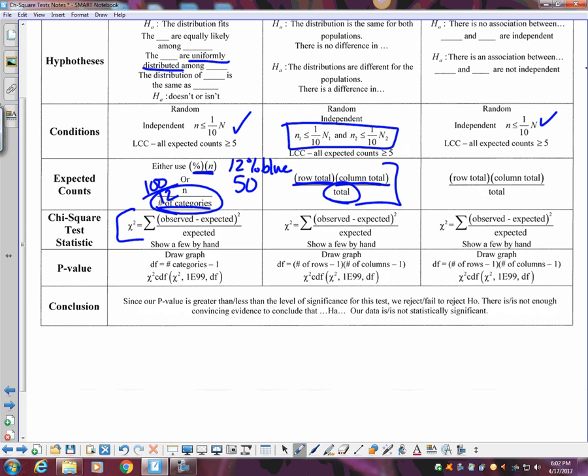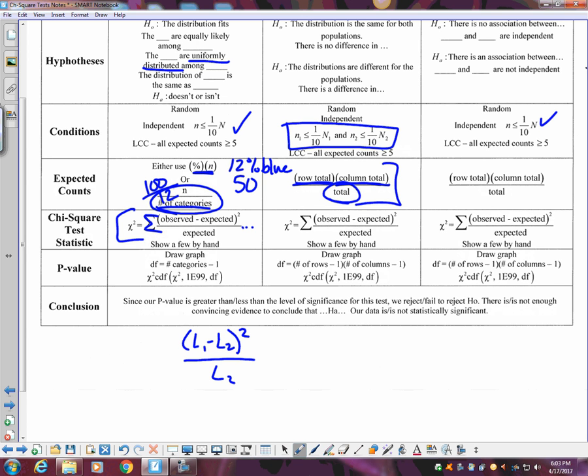Remember, you're going to show a few by hand. Don't forget your sigma. Show a few by hand with a dot, dot, dot in between. And then to do these, you're going to put your observed into L1, your expected into L2. And then in your L3, you do L1 minus L2 squared over L2 and hit enter, and that populates your L3.